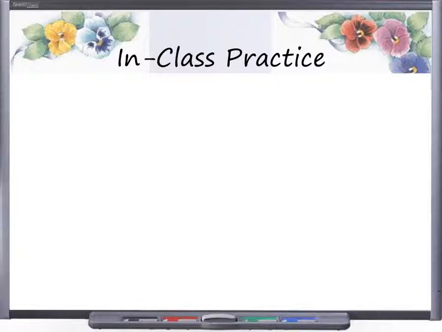Okay, this is where you will go and fill out your in-class practice, numbers 1 through 5. You're going to have some function notation and some other kinds of notations. And I'm going to pause it right now. Okay, sorry about that.